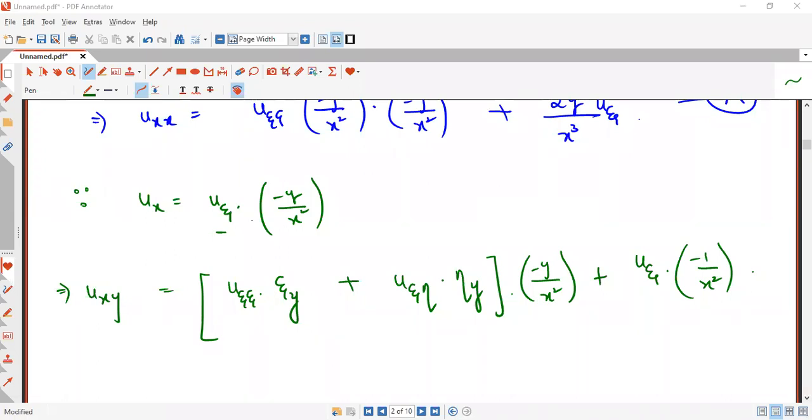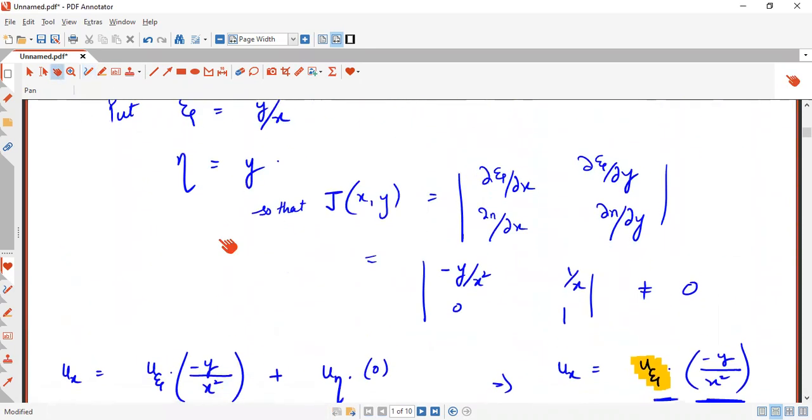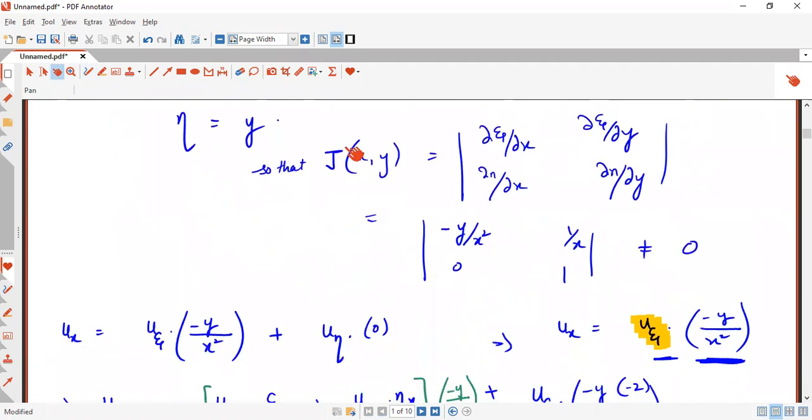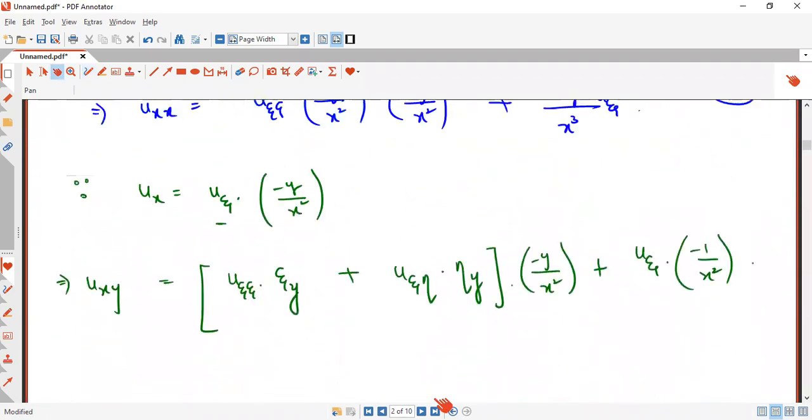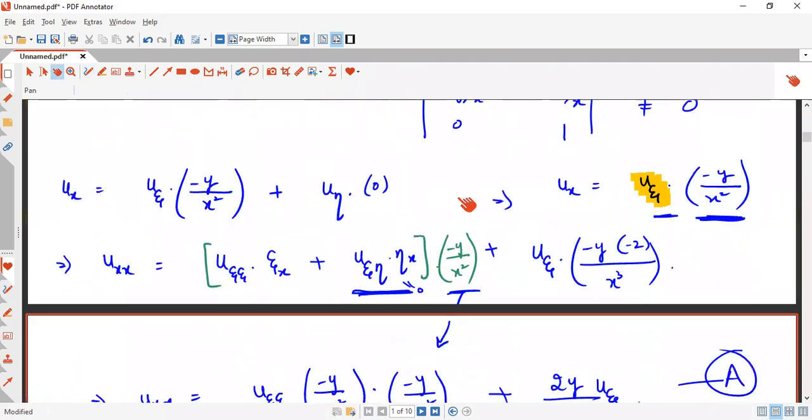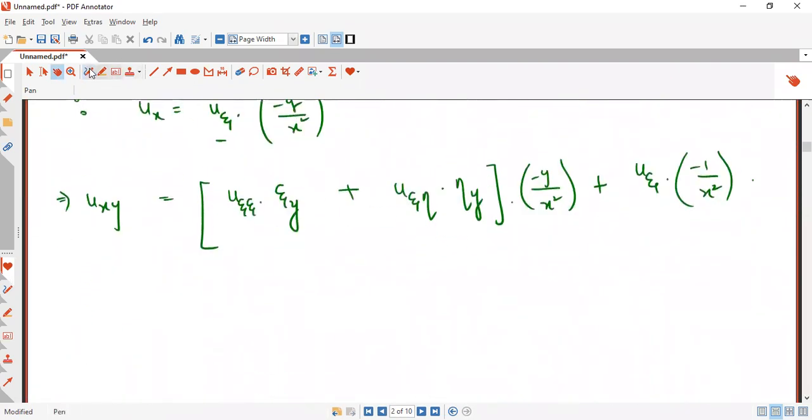So check what you're getting for uxy. xi y is what? 1 upon x. Here, xi y is 1 upon x, correct? u xi xi 1 upon x plus u xi eta.